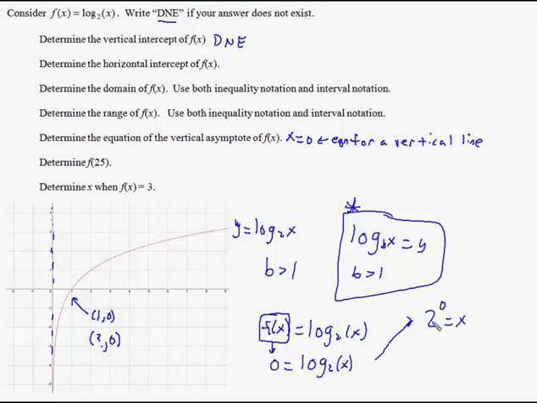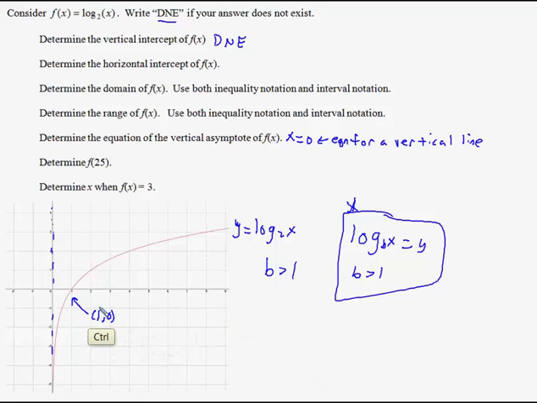On your calculator you could do this, but numbers to the 0 power always give you 1. So I get that x is equal to 1. There is one exception: 0 to the 0 is undefined, but all other numbers to the 0 power give you 1, so that would give you an x value of 1. The logarithms of this form have horizontal intercepts of (1, 0). They do not have vertical intercepts. They always have a vertical asymptote of x = 0.